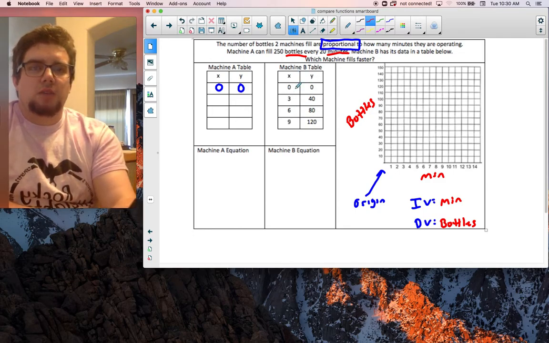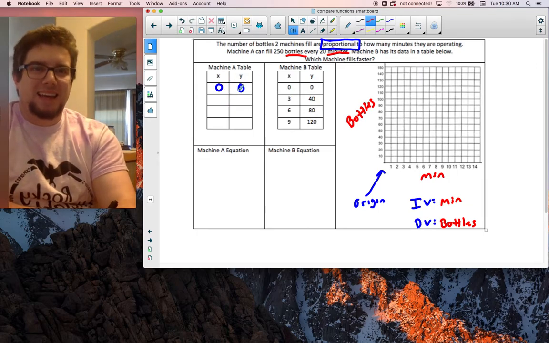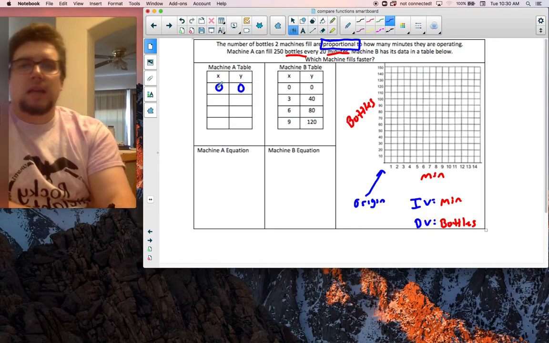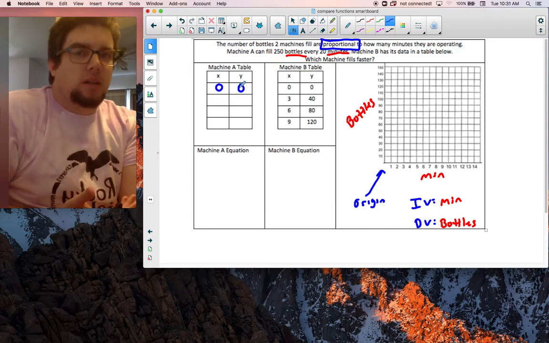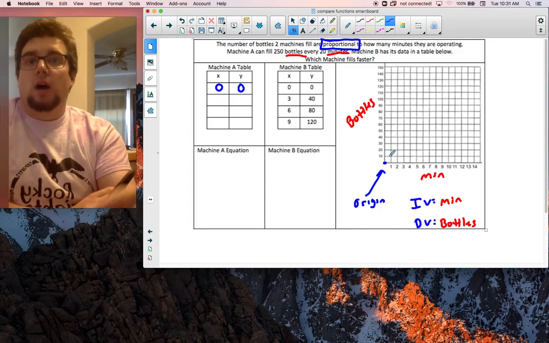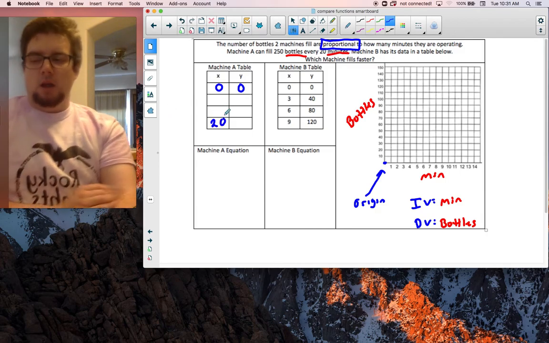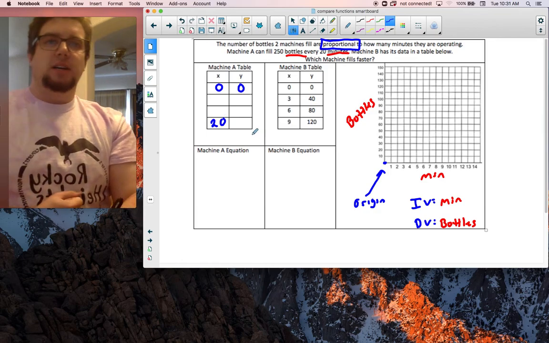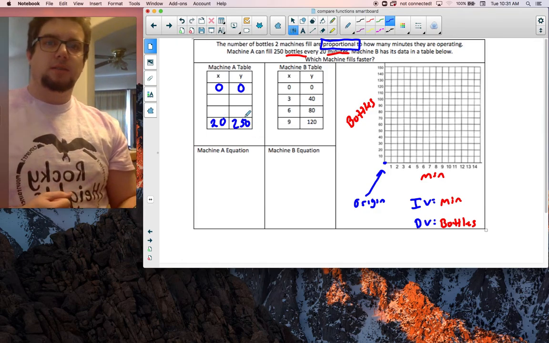Machine B, I could plot right now, but let's focus more of our attention on machine A. So machine A, we know that at 0 minutes, it's made 0 bottles. Makes sense. You haven't turned on the machine, it hasn't made anything. So our first dot's right here. We also know that, 20 minutes into production, it's able to create 250 bottles.